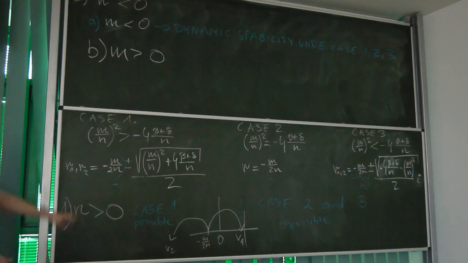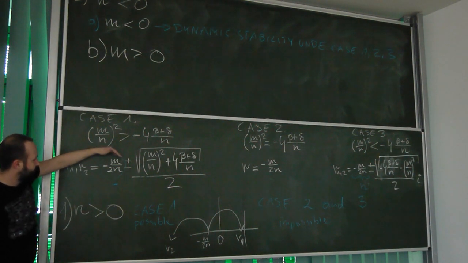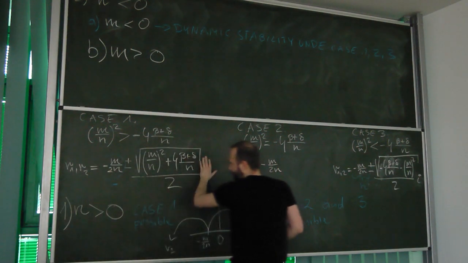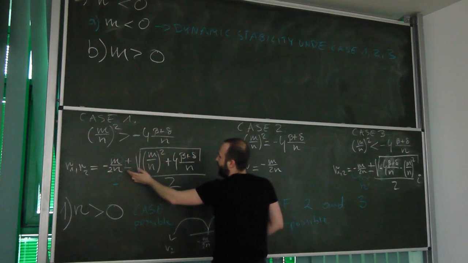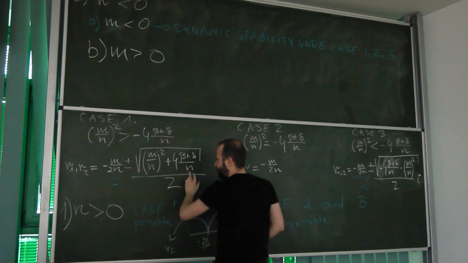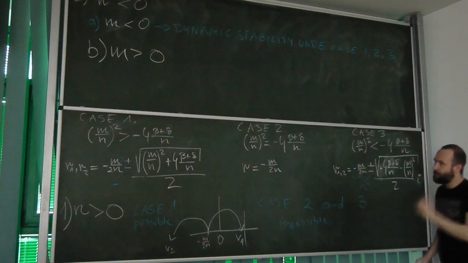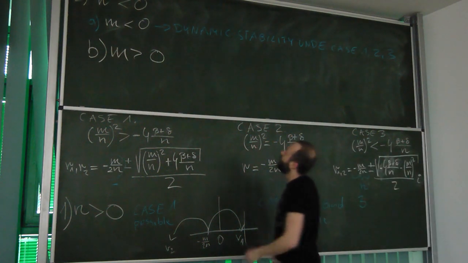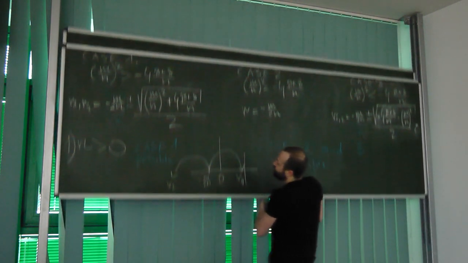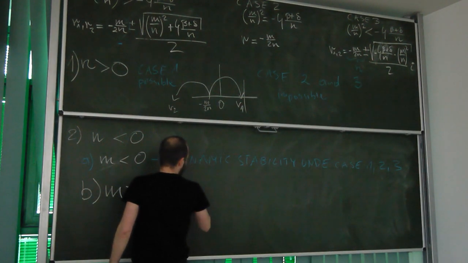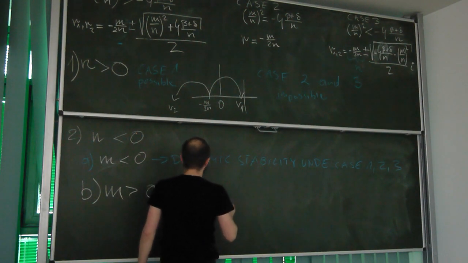We know that this part is positive. We are adding to it a positive number, and subtracting a positive number. So again, at least one of these roots must be positive. So look, in here we have a situation that equilibrium is dynamically unstable.